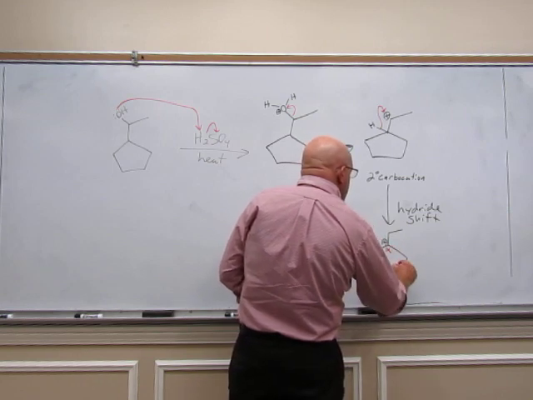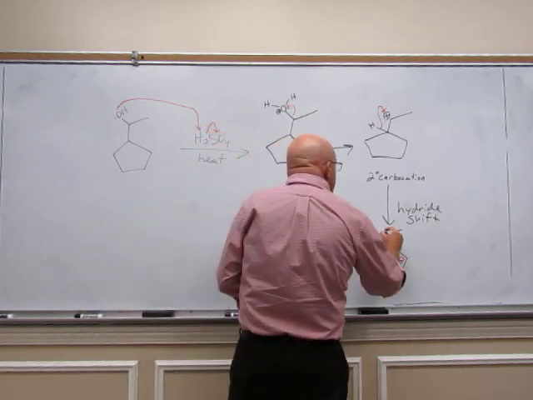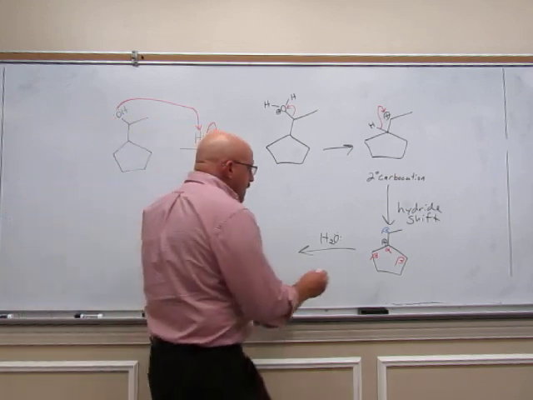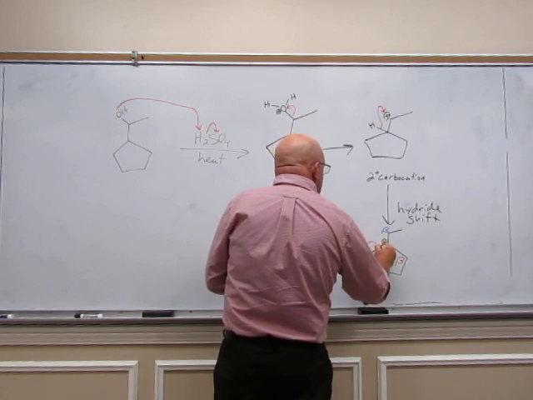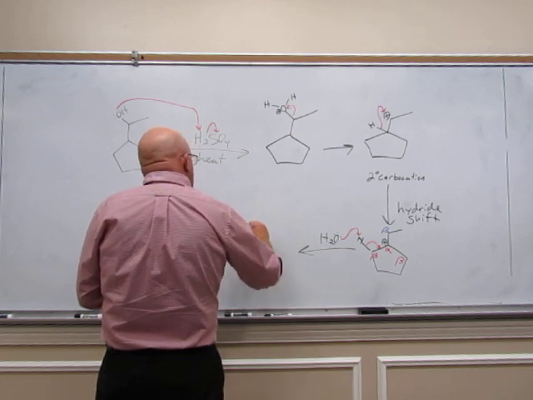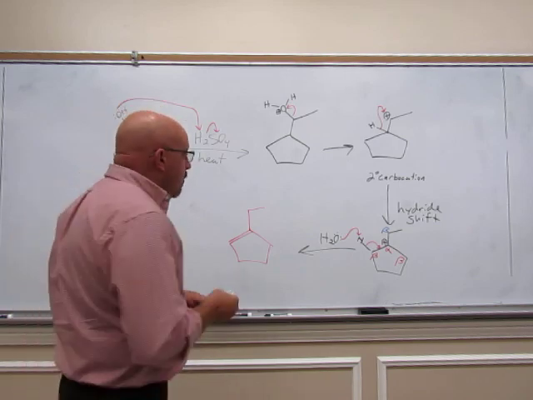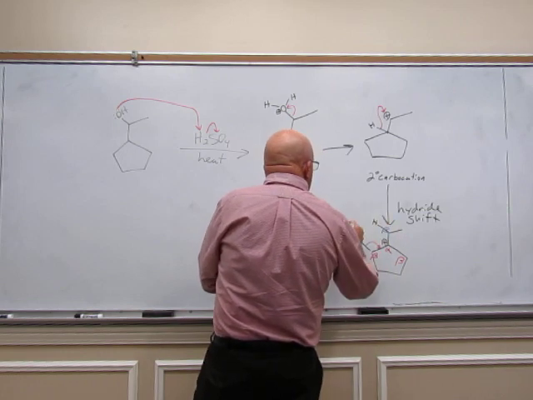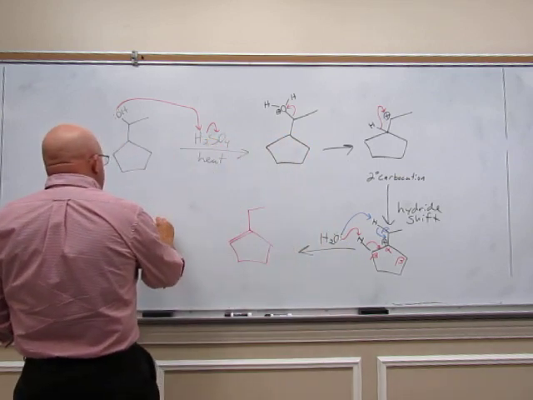We have beta here, those are equivalent, and we have a beta here. If we grab one of those red beta hydrogens, this is the alkene that you would get. If you were to grab one off of the blue beta position, this is the alkene that we will get.